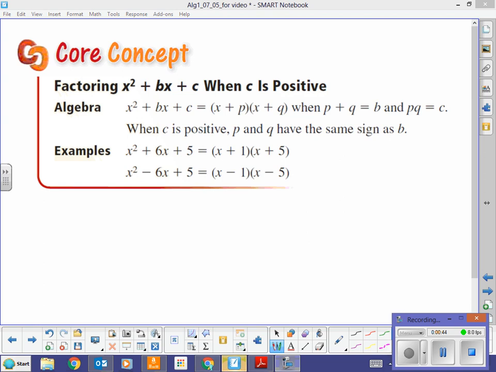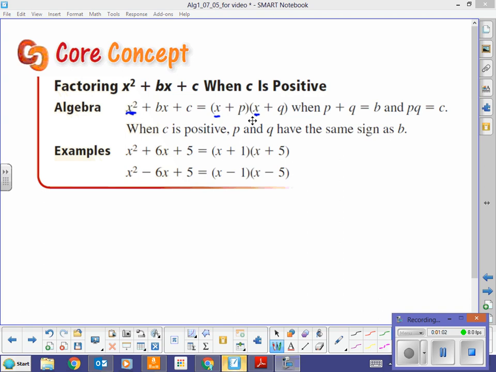Okay, so how do we do this here? Let's take a look at the example here. Well, notice we start with x squared. All these polynomials we're going to look at today start with x squared. Well, that's always going to be the product of x times x. So that makes things real easy for us.